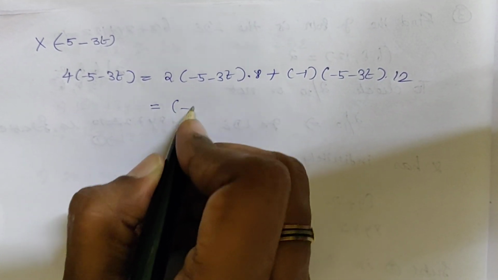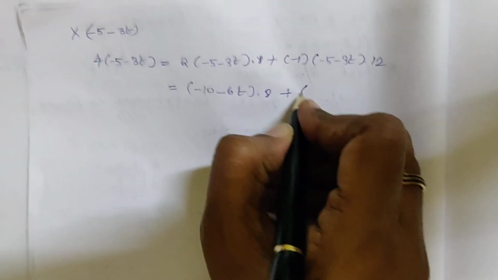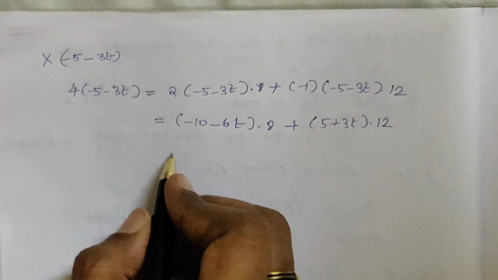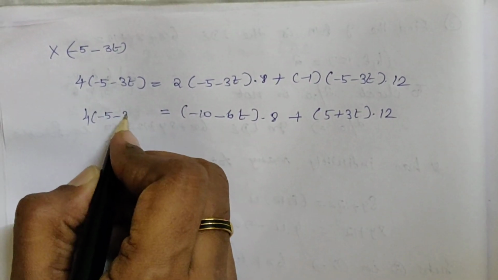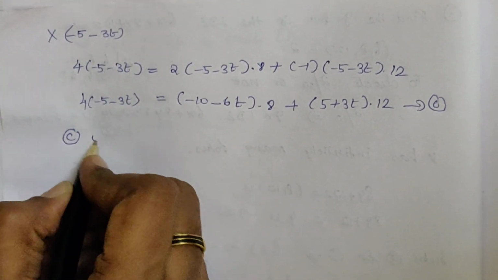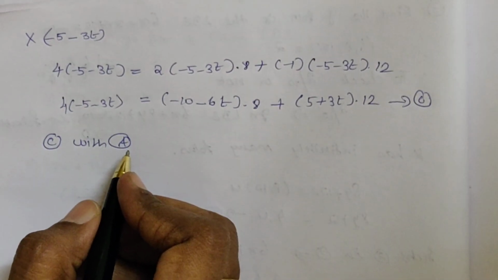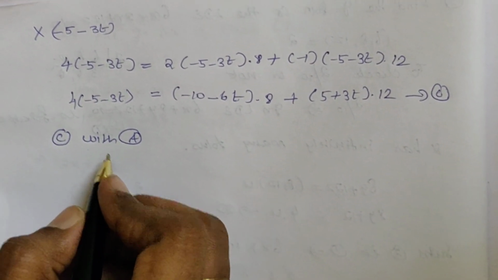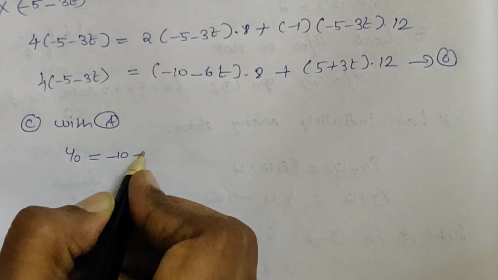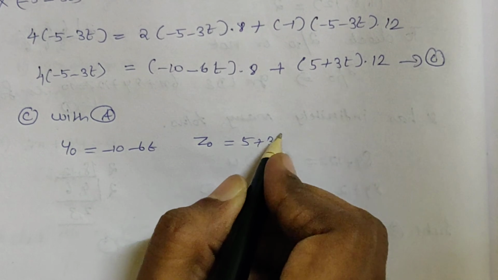So after simplifying we will get (minus 10 minus 6t) into 8 plus (5 plus 3t) into 12. Put this as equation number C. Now comparing equation C with equation number A, you can get the value of y naught as minus 10 minus 6t and z naught as 5 plus 3t.